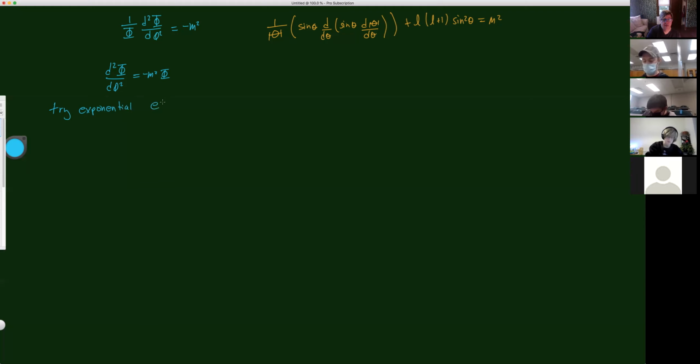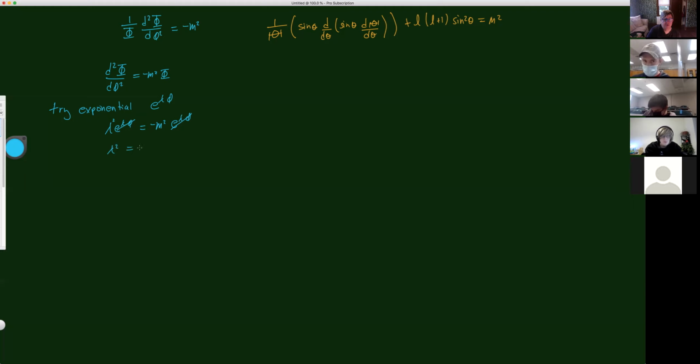Okay, e to the lambda phi. So let's try it. The first derivative of e to the lambda phi is lambda e to the lambda phi, and the second derivative is lambda squared e to the lambda phi. So we get lambda squared e to the lambda phi is equal to minus m squared e to the lambda phi. And of course, these cancel out, and you can solve for lambda squared.